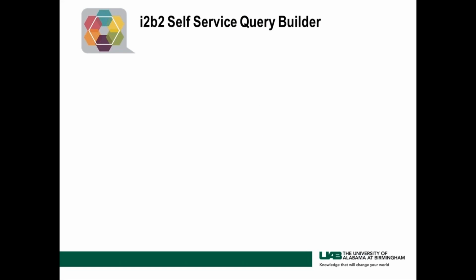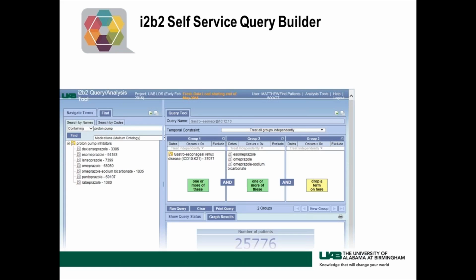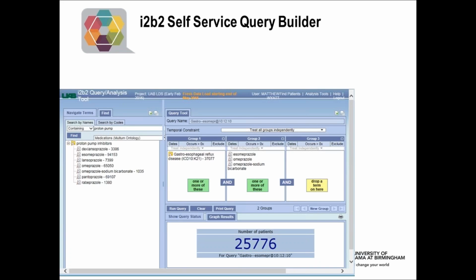So I'm going to go fairly quickly through what i2b2 actually is. You won't learn how to use i2b2 today, but if I come at all close to doing my job, you will know why to use i2b2. So i2b2 at its base is a self-service query builder.